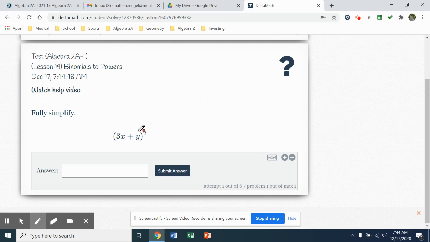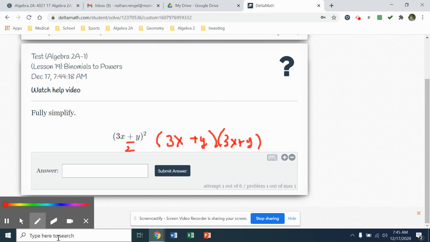Anytime I have an exponent up here, it's telling me how many times I'm multiplying out my base. So I'm going to multiply out my base 2 times. So I got 3x plus y times another 3x plus y. This base is going to get multiplied out 2 times because of the exponent of 2.